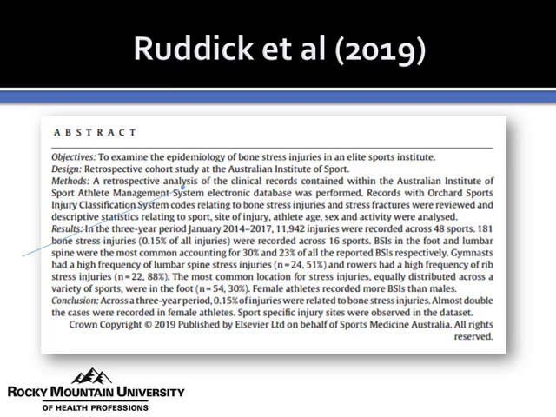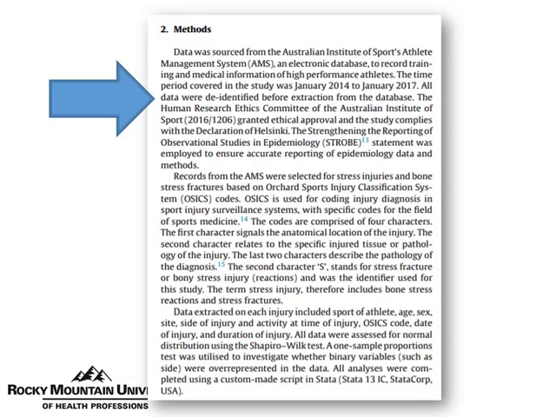And so they looked at a variety of things that you can see there: athlete age, sex, activity, etc. And they found that double the cases were recorded in female athletes. So then you would start to wonder, okay, well, what could it be about the female athlete that is putting them at a greater risk?